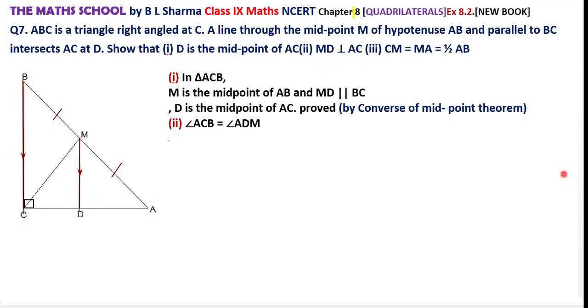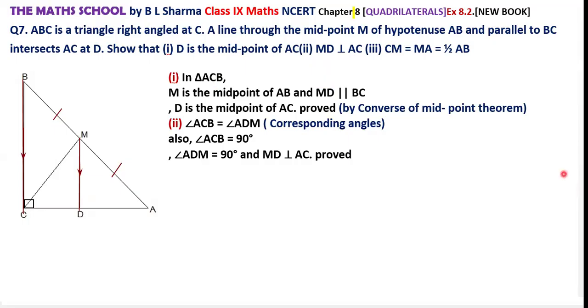Angle ACB is equal to angle ADM. These are corresponding angles. So angle ACB is equal to 90 degrees. So angle ADM is also 90 degrees, and also we can say MD is perpendicular to AC. ये जो MD है इस AC के perpendicular है, means this angle is 90 degrees है. Second part is proved.